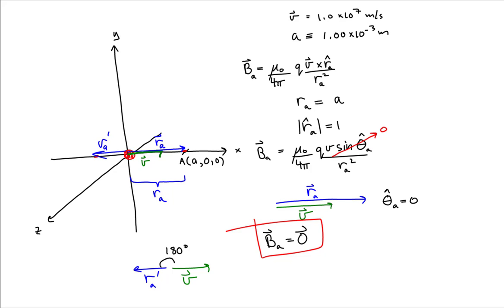And if we were to apply this with the Biot-Savart law, being mu naught over 4 pi q v sine of 180 degrees over r squared, we would get that the magnetic field is 0 because the sine of 180 degrees is 0. So what this reveals to us is that at any point along the line of motion of a moving charge, the magnetic field due to that moving charge is equal to exactly 0. There is no magnetic field along the line of motion due to that charge.